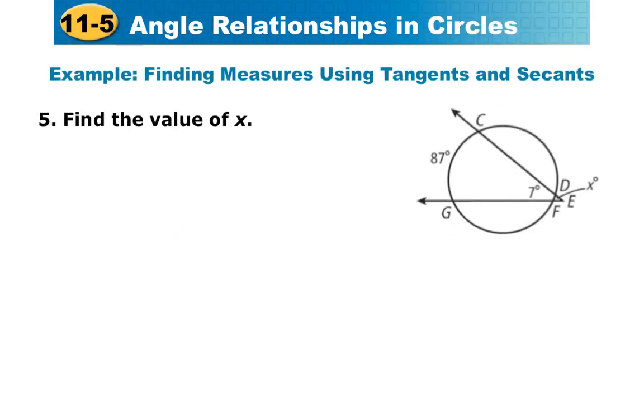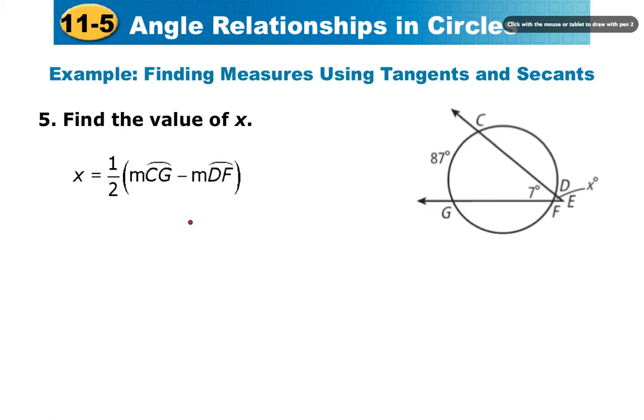Problem number 5. They want you to find the value of x. So we're going to apply that theorem that you just saw. Notice that these are two secants. So then, like I said, you apply theorem 11.53. This is what you have once you apply the theorem.